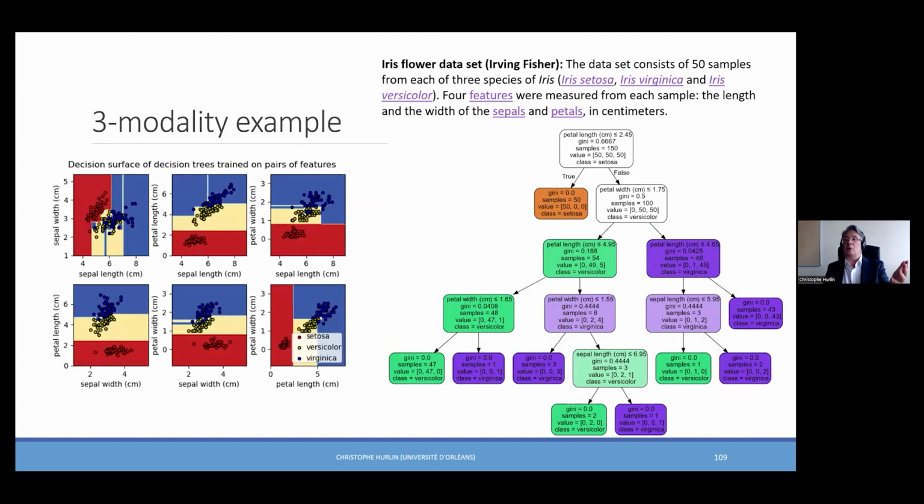So this is, I will conclude here. This is an example of a random decision tree of classification with a data set based on the iris flower data set, which consists of 50 samples of 3 species of iris.